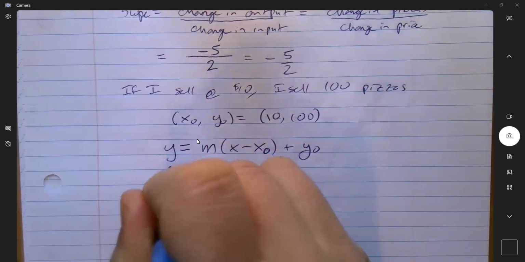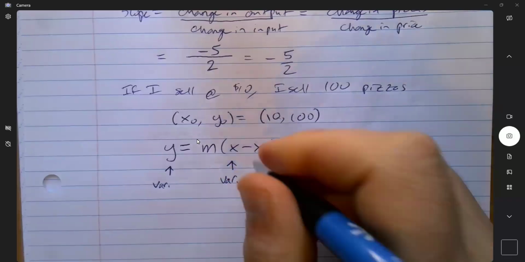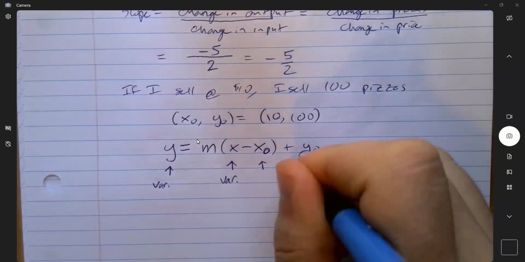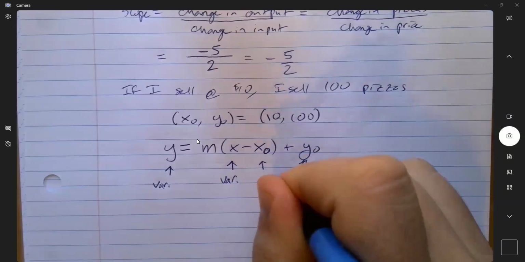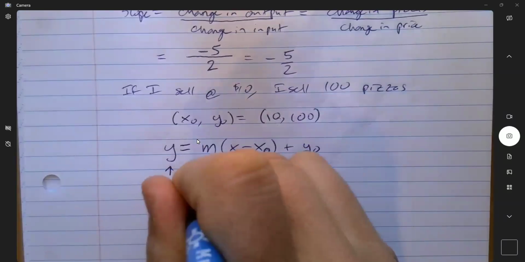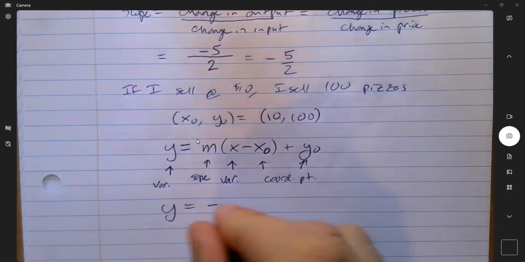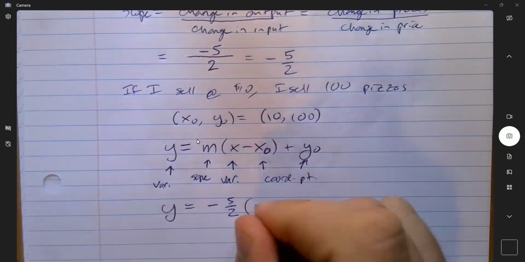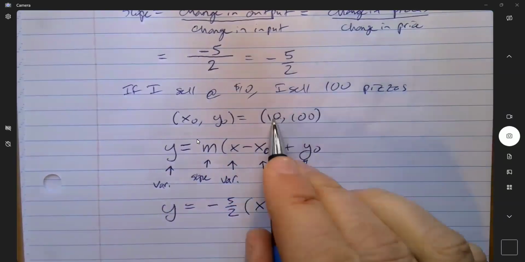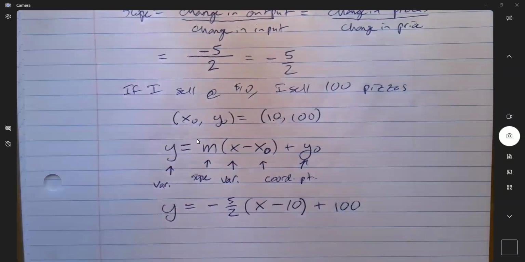Remember, this y is a variable, and the x is a variable. And the x naught and the y naught are the coordinate point. And then, of course, m is the slope. So I get y equals minus 5 halves times x, and then I subtract 10 from the x, and at the end I add 100.